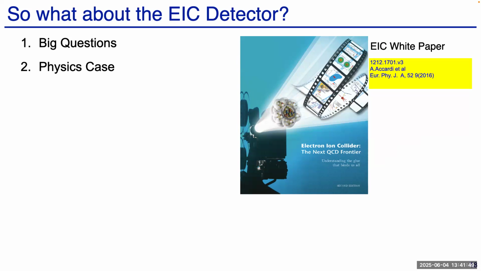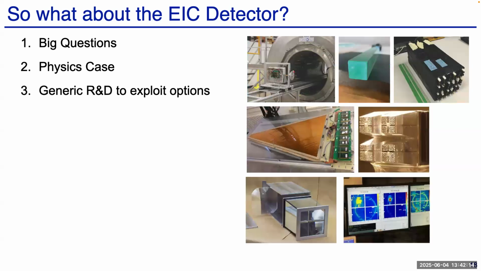That was a very important one because we not only laid out the physics case in our mind, but we also set priorities. What is more important? What is less important? So we had these golden measurements and the silver measurements and so forth.